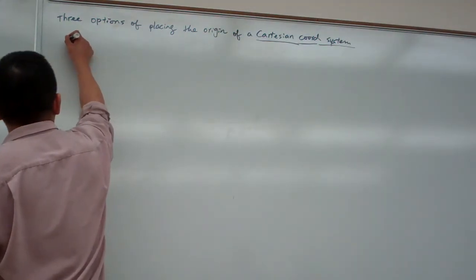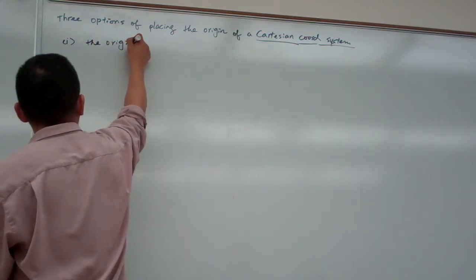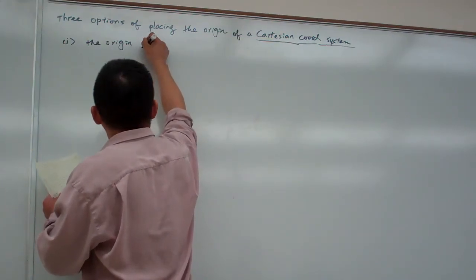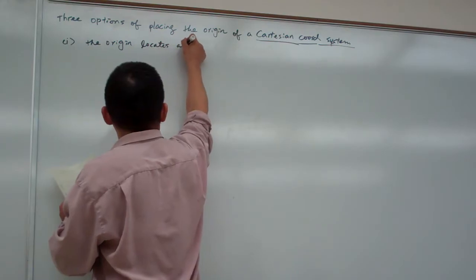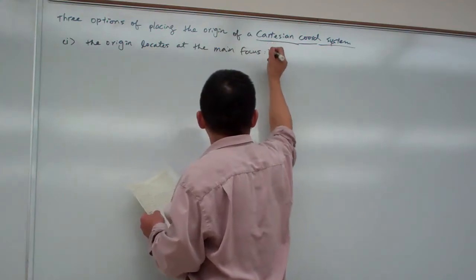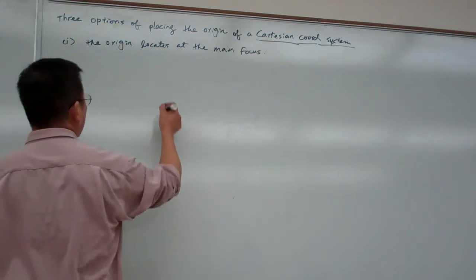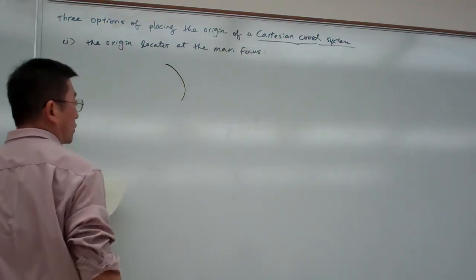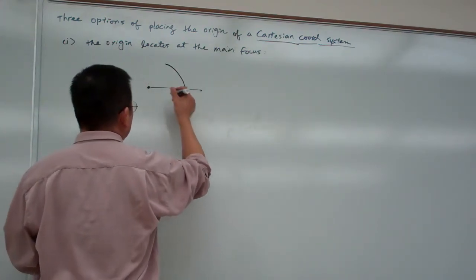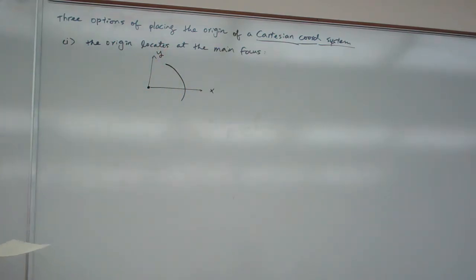The first option is this: the origin is located at the main focus. Say this is part of the orbit, and this is the main focus. So here this is the Cartesian coordinate system xy. So here we place the origin there.